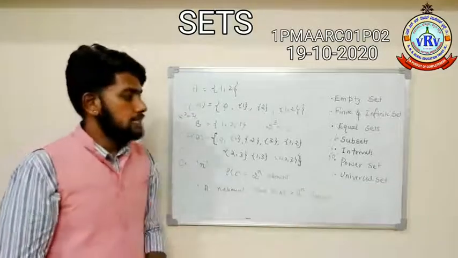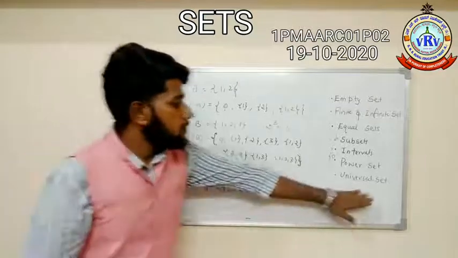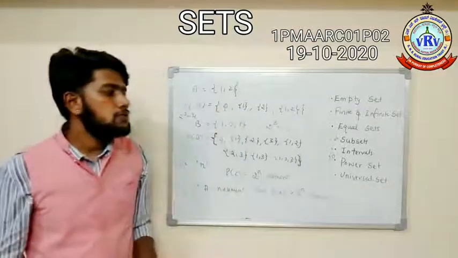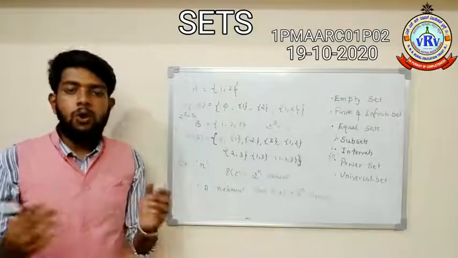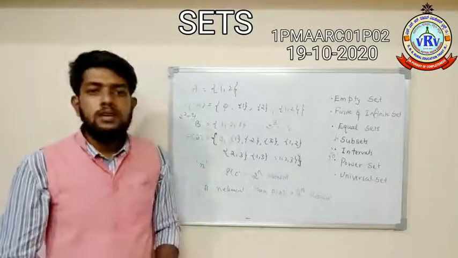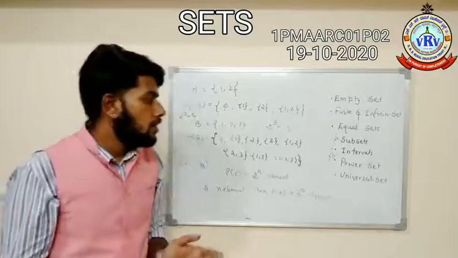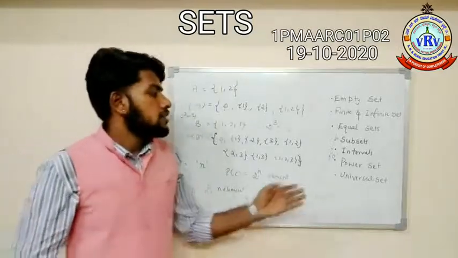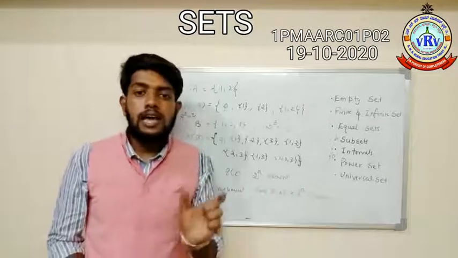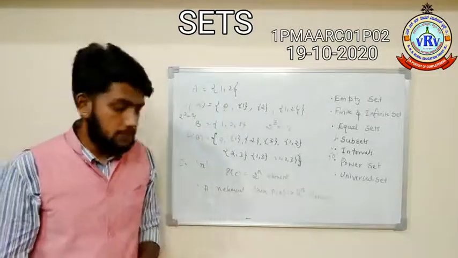The final point is the universal set. This universal set means we have to take all the subsets, all the sets from this set. That means under one context, we are considering one set as a basic set. That set we are naming as the universal set.